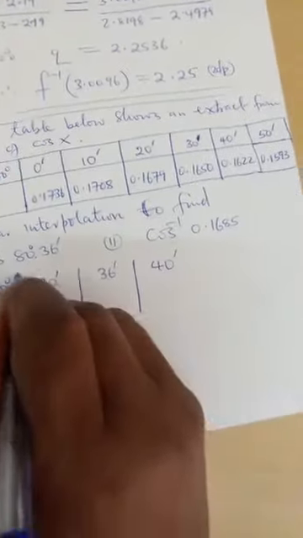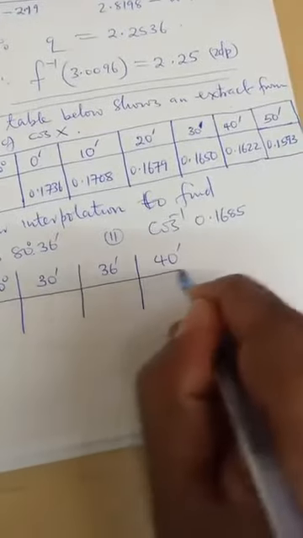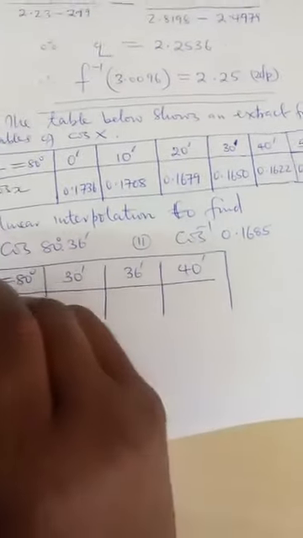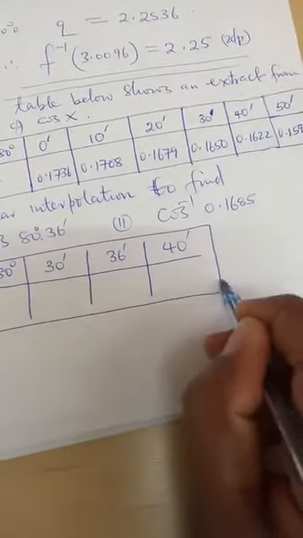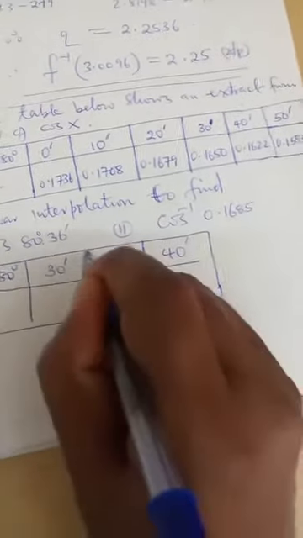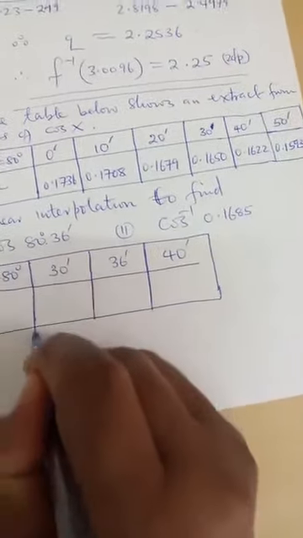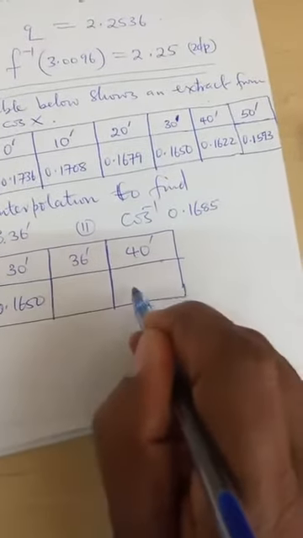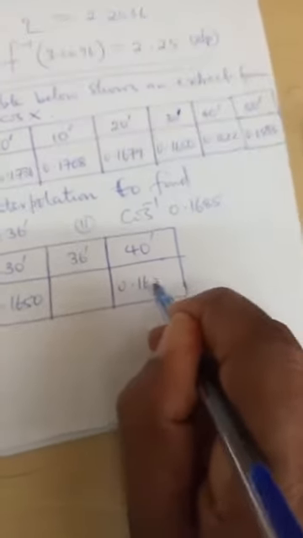We get their corresponding cosines as provided for in the table. For 30 minutes, the cosine of x is 0.1650. For 40 minutes, the cosine is 0.1622.